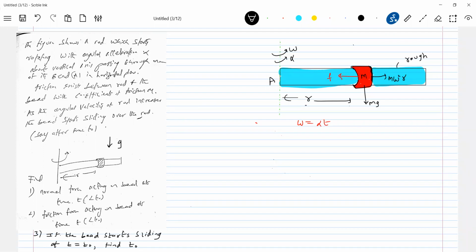Okay, let's assume that initially the bead will not slip, no? What is t naught? The time at which, as the angular velocity of the rod increases, the bead starts sliding over the rod, say after time t naught. So find the value of t naught. So for the first case, t less than t naught, what are the conditions I'm asking?